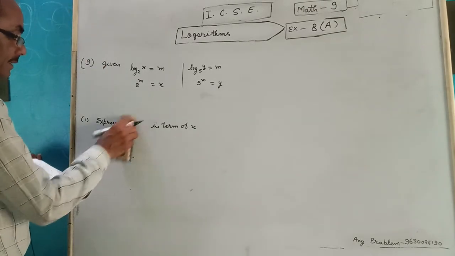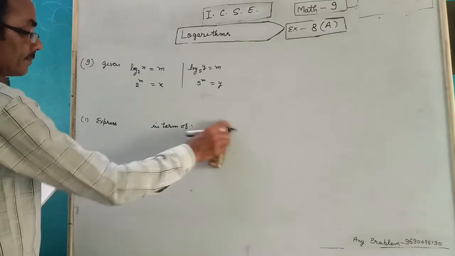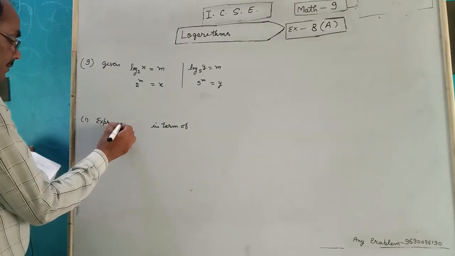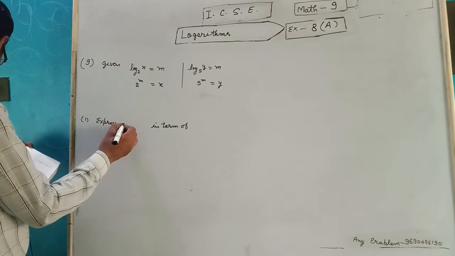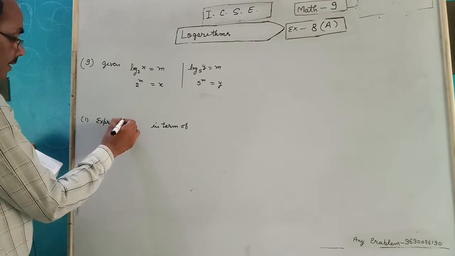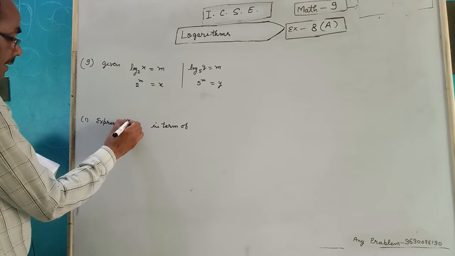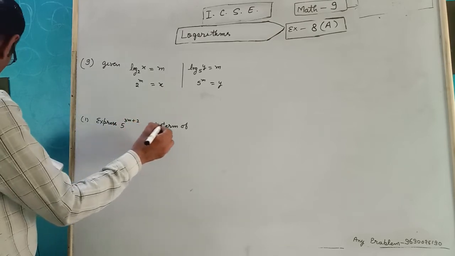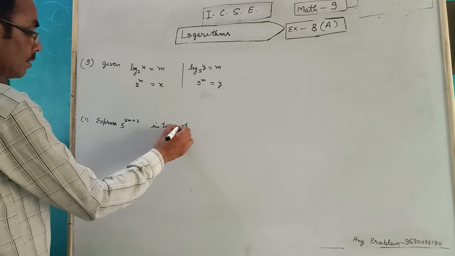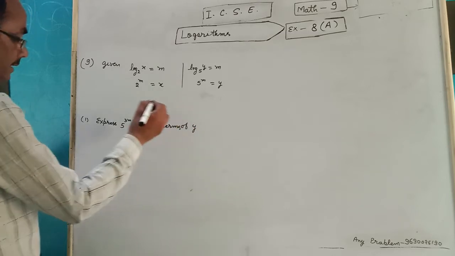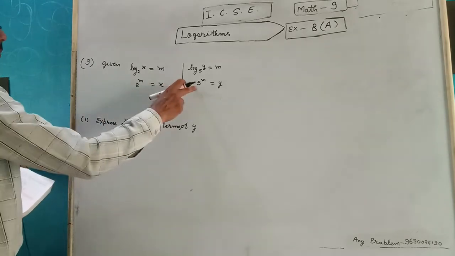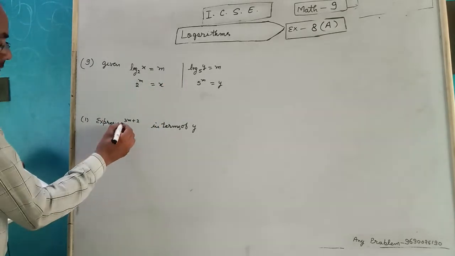Second part is 5 as power 3m plus 2 in terms of y. Make it 5 as power m.